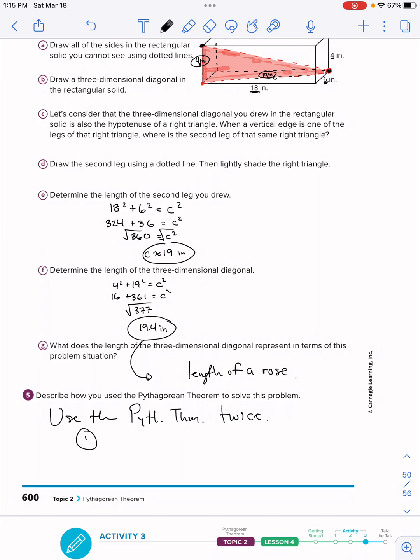One to find the base of the diagonal triangle, right triangle. And then the second time, we had to use our answer from the first in the next time we used it, and then we found the diagonal of the entire shape.